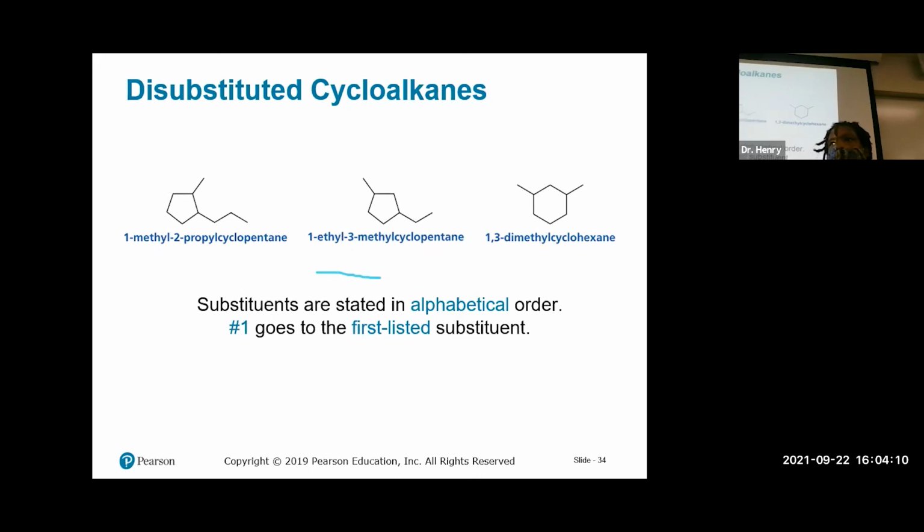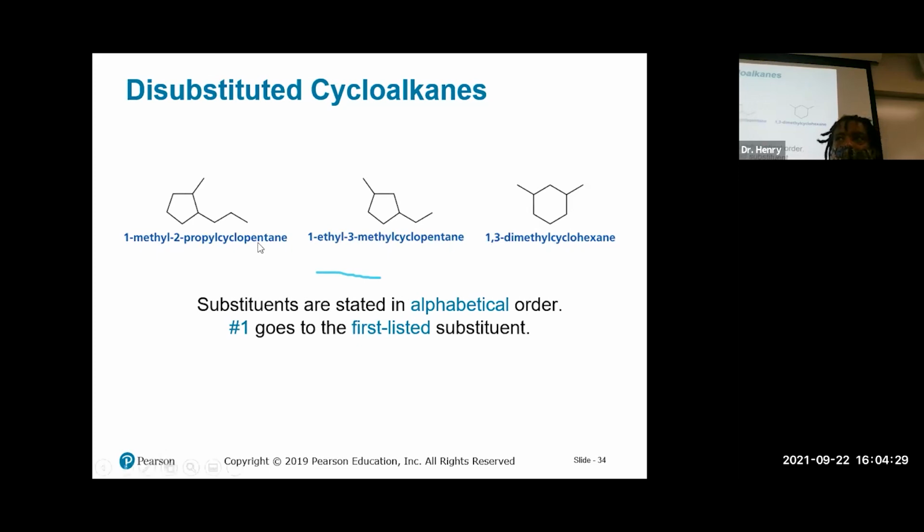So if there are 2 substitutions, we're going to go with alphabetical, right? Because these guys, again, are the same, they're on the same plane, right? They're all alkanes, okay?